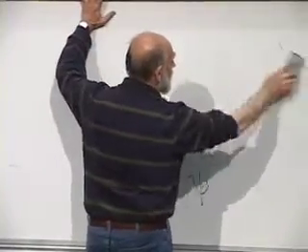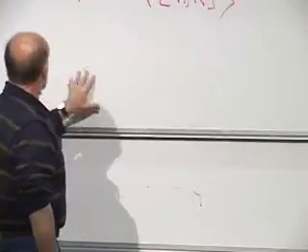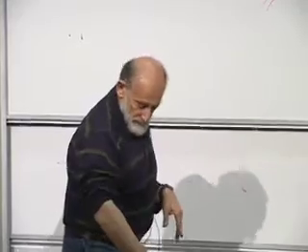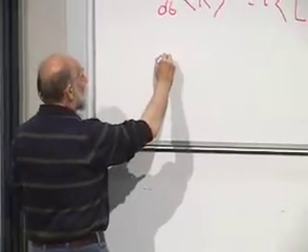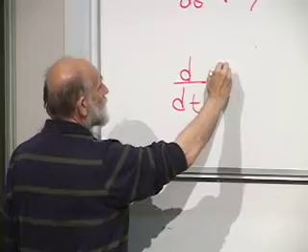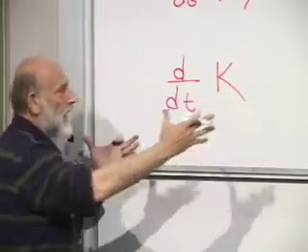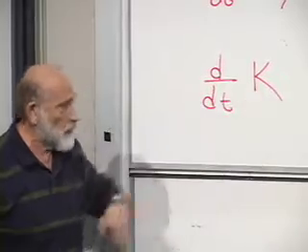Oh, incidentally, let's compare this with another equation. The corresponding classical equation is that the time derivative of an observable, we won't put brackets around it now because now it really means the time derivative of some classical quantity.